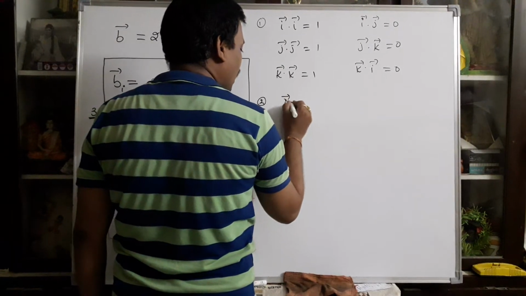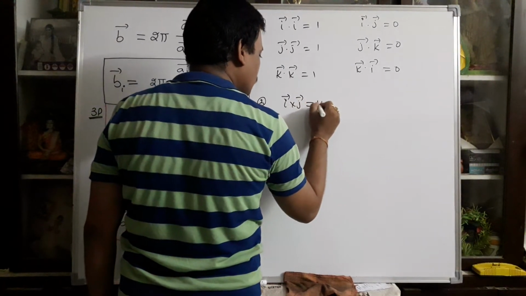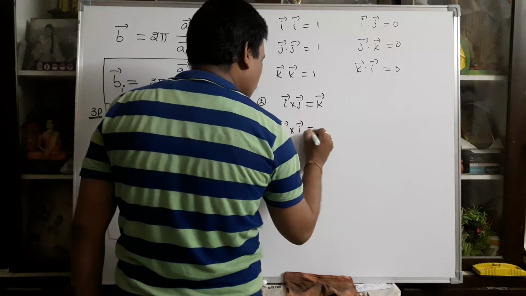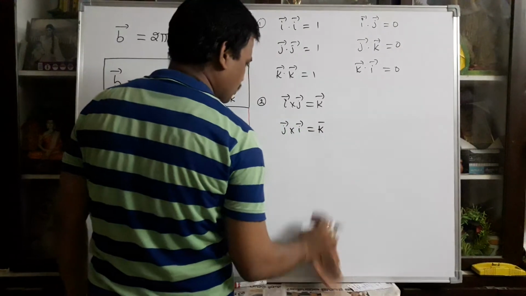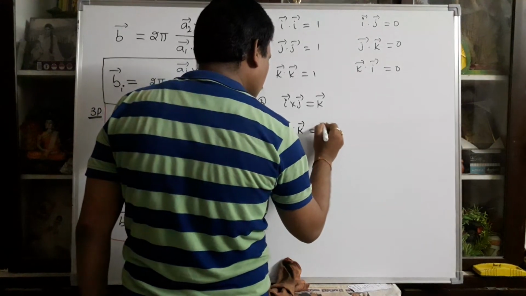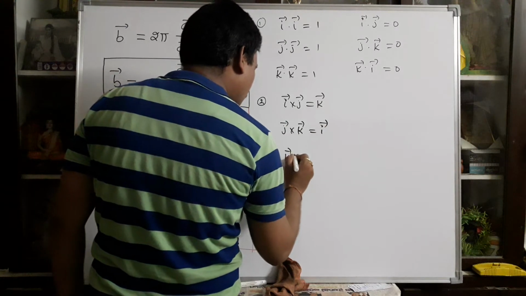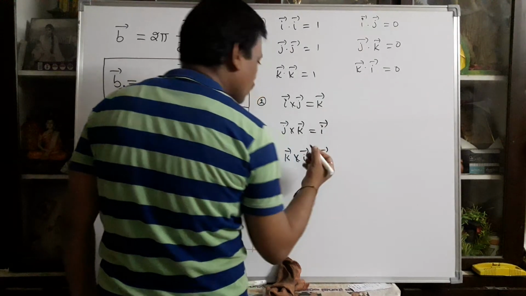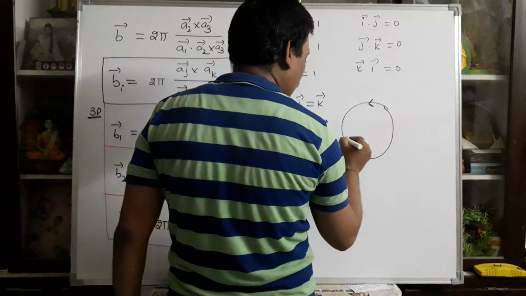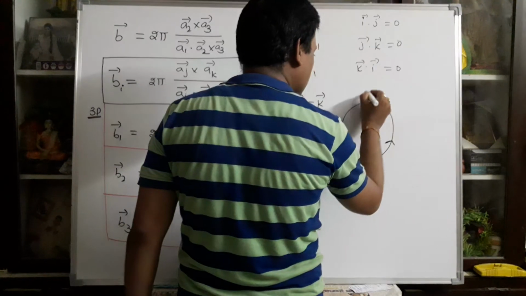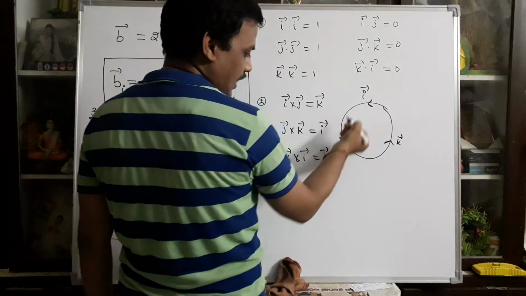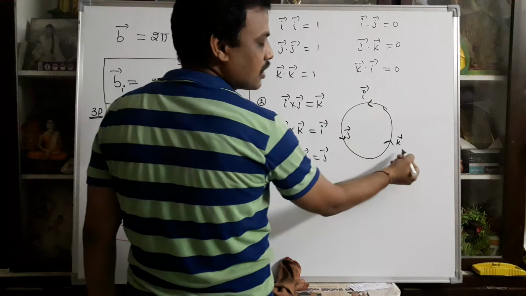From the vector product point of view, i bar cross j bar is equal to k bar, in cyclic order. Similarly, j bar cross k bar is equal to i bar, and k bar cross i bar is equal to j bar. This is a cyclic way; you can take either clockwise or anti-clockwise, and I am taking anti-clockwise. For the three-dimensional vectors i bar, j bar, k bar, the cross product of two in cyclic order gives the third vector.